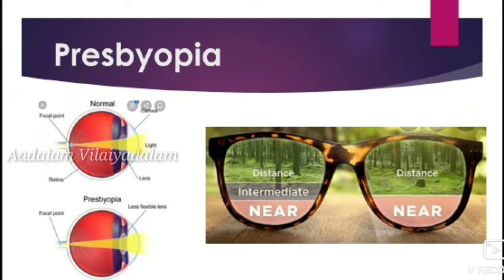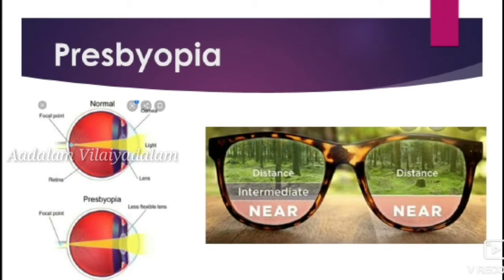So the eye loses its power of accommodation. Then old persons cannot see nearby objects clearly, and this defect is known as old age hypermetropia.